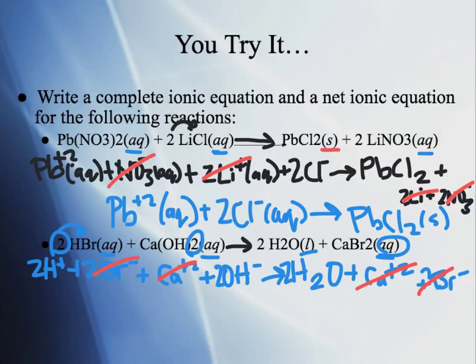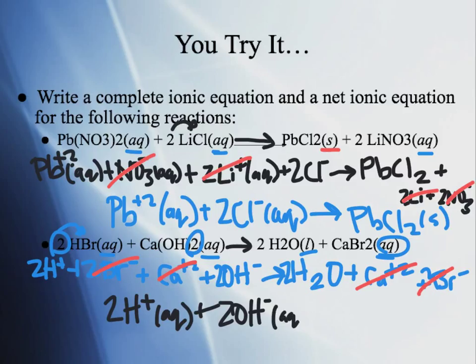And so what are we left with? We're left with 2 hydrogen ions in the aqueous form. We're left with 2 hydroxide ions, and they are going to come together to make water in the pure liquid form. Bam! There is our net ionic equation.